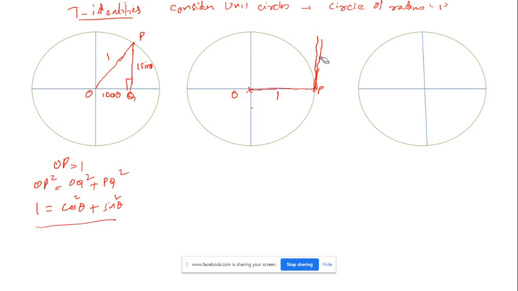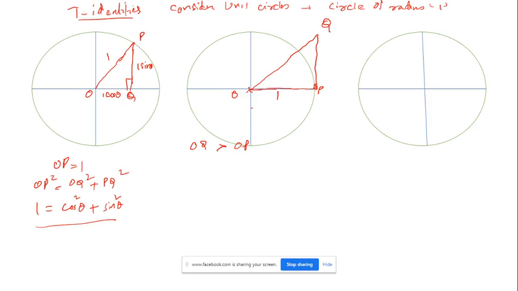I've drawn one line which is perpendicular to the x-axis, and then I join that line from the origin. Let me name it Q. Now OP is equal to 1, this is the radius. Now OQ, clearly OQ is greater than OP. OQ is going beyond the circle point, so it is bigger than OP.